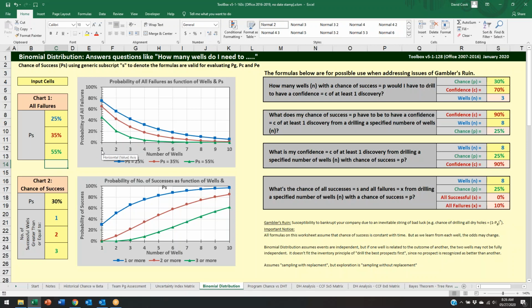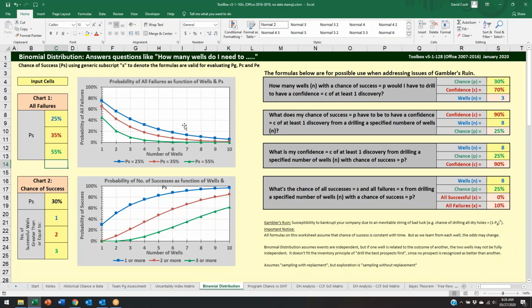Of course, if you only drill one well, it is the complement of the input chance of success. As you increase from 1 to 2 to 3 to 4 wells, the likelihood of having 0 successes decreases quite rapidly.